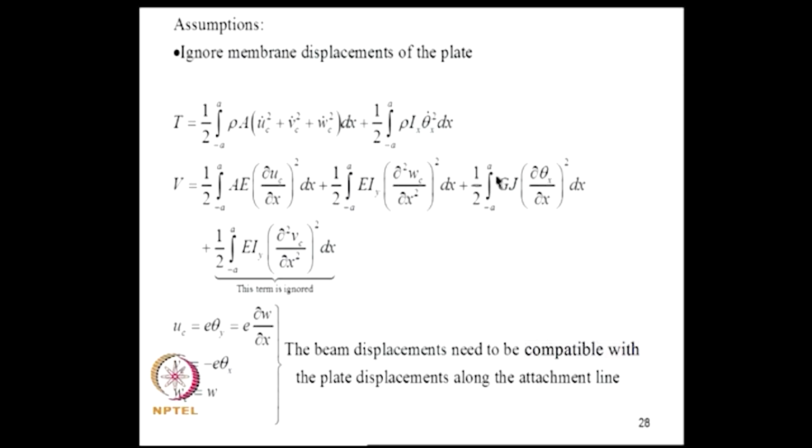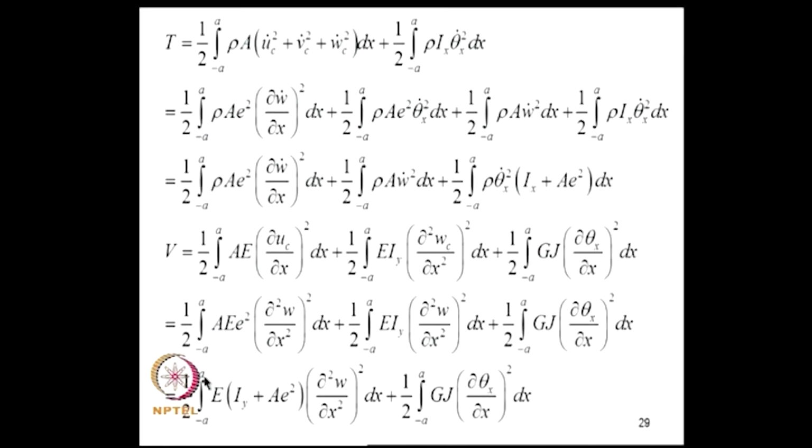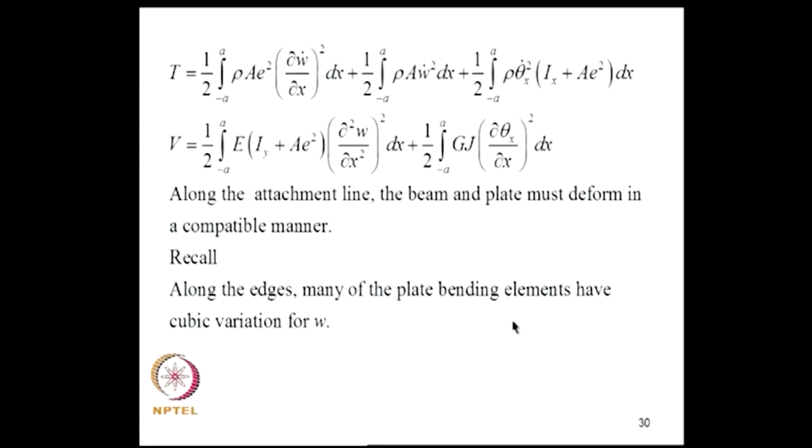Again, for UC, WC and theta x, I will use these terms, and using that I will get the expression for strain energy in terms of W and theta x to be this. So, kinetic energy is also obtained in terms of W and theta x. These are the expressions for kinetic energy and strain energy.